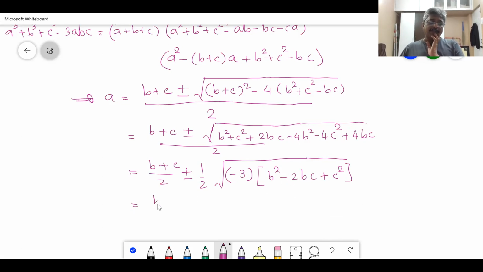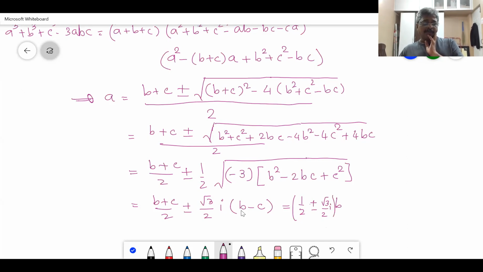Therefore, b plus c by 2 plus or minus root 3 by 2 times i. And what is there inside remaining? It is a perfect square. So we can take the square root and say that it is b minus c. Okay. So now if we collect the coefficient of b here, it is half plus or minus root 3 by 2 i.